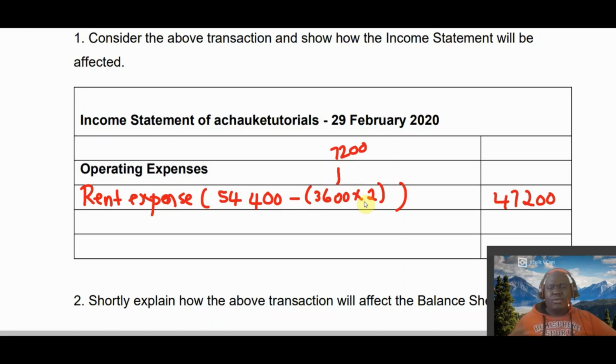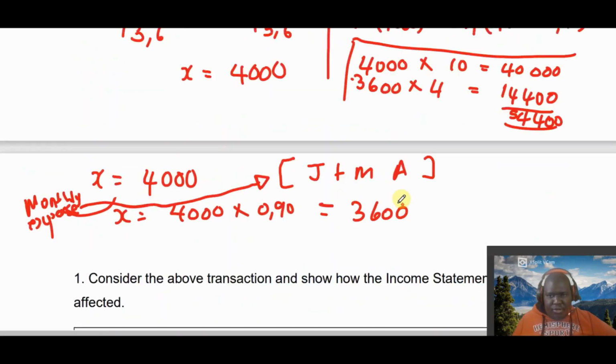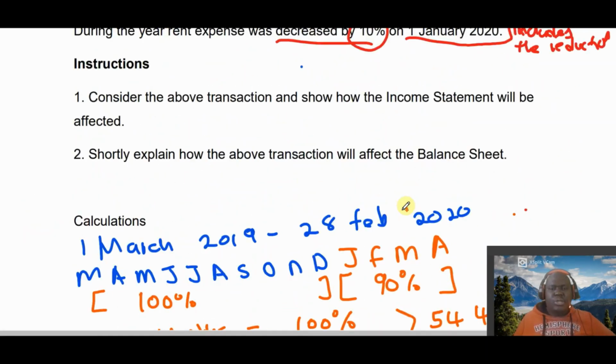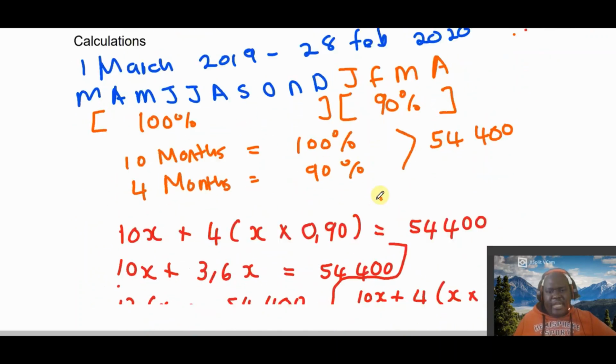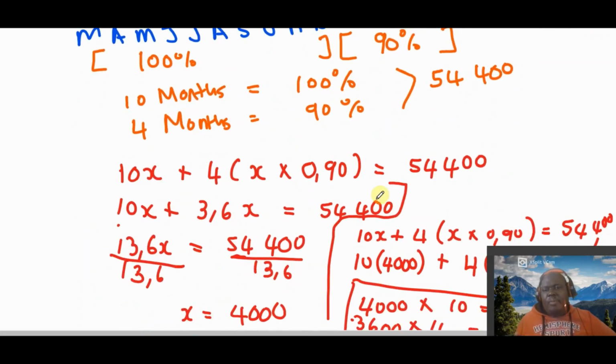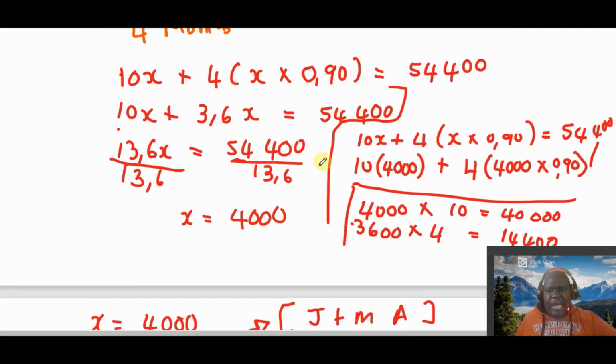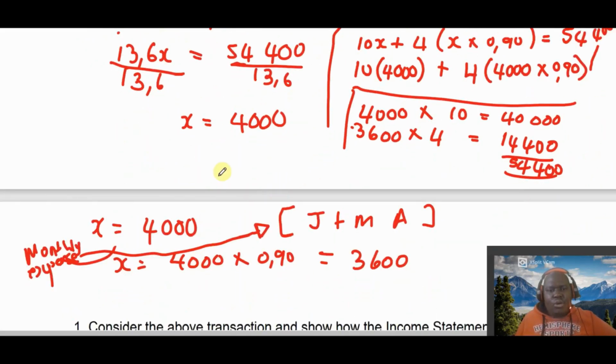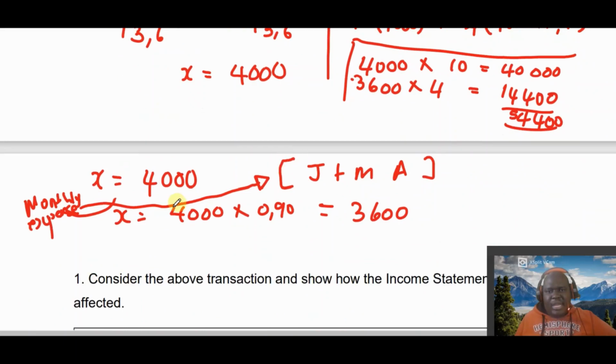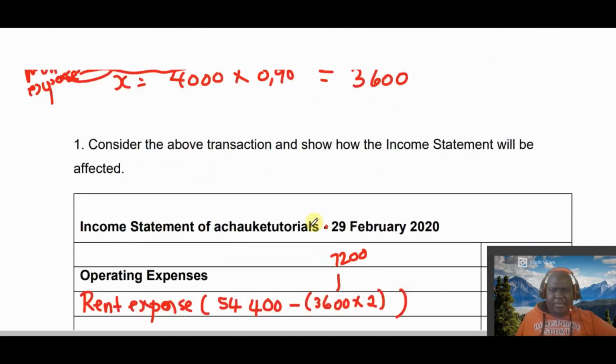your calculations. So all these calculations that I was doing here, everything that I was doing, is very important, because when you've made some mistakes, whoever will be marking will be able to check how you got those amounts. Like for example, let's say if you made a mistake, instead of writing 3,600 you wrote 3.4, this person will be able to see where the mistake took place, and then give you some marks for the calculations.